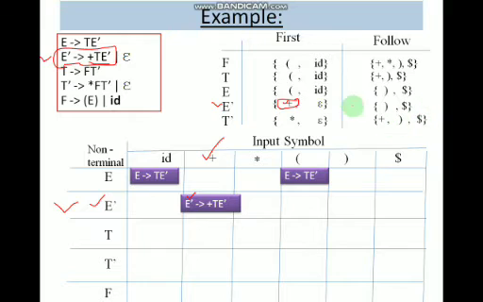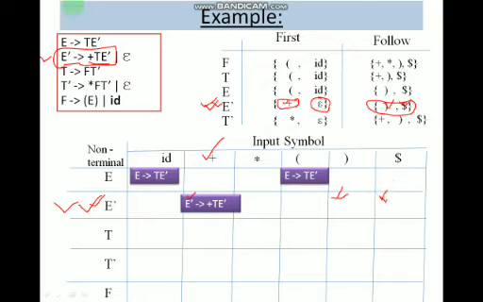Now I have already told you, if epsilon is in first of any variable, we will fill entries for follow of that variable. So these terminals are in follow of E dash. Mark them: the close parenthesis, and the dollar, here at this location.